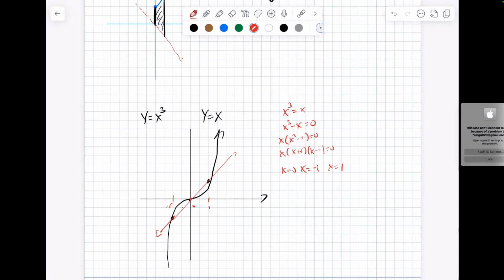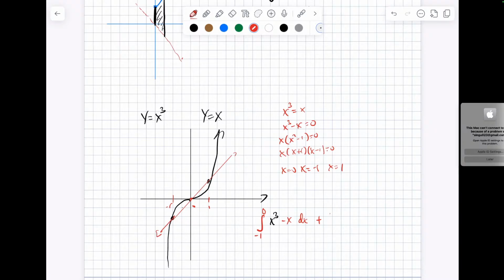Okay, so let's do that. So negative 1 to 0. Which one's on the top? X cubed, good. Well, we're going to show you the x cubed, which is the black part of the graph, right? Which one's on the bottom? x, right? Is that hard?